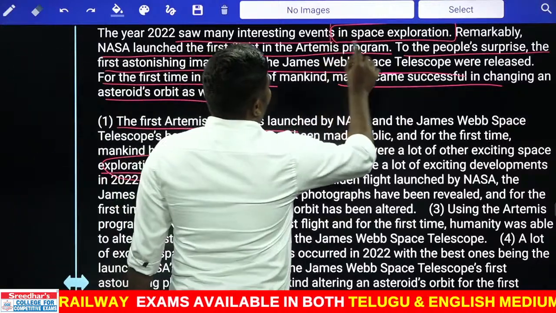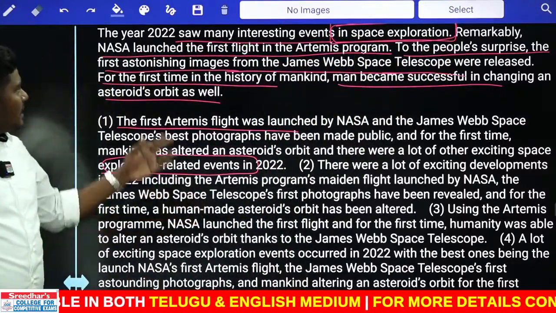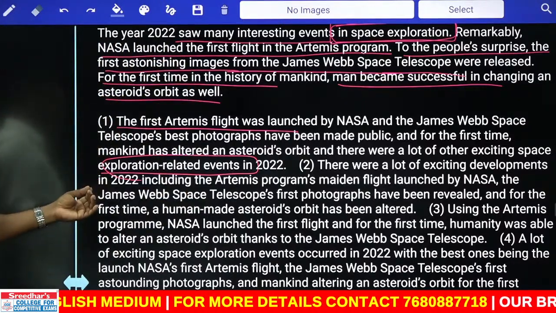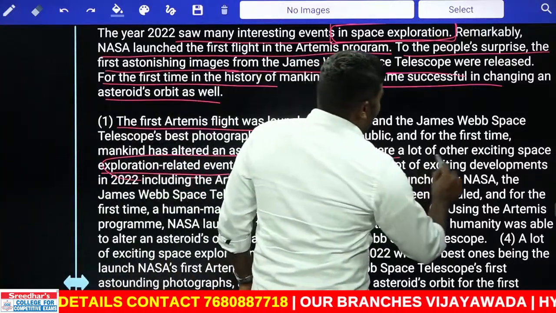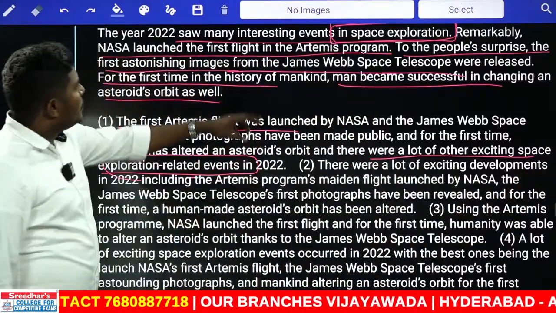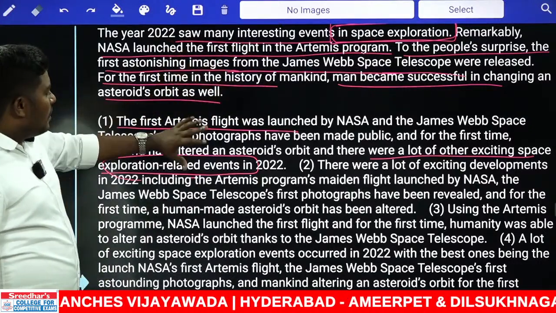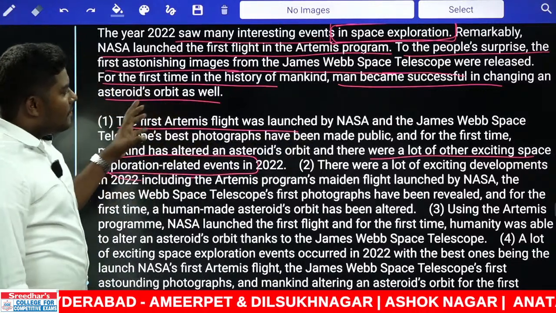The year 2022 saw many interesting events in space exploration, but do you see anything like "a lot of other exciting space events" in the points? No. Of course the points are mentioned here, but the last sentence makes something different.